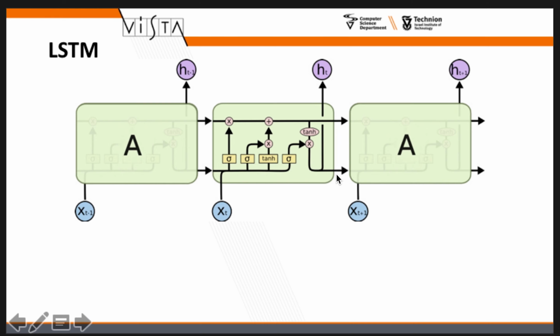And we have our y, so in each cell we have output y. And here we have ct. This cell transfers to the next cell ct minus 1 and ht minus 1.